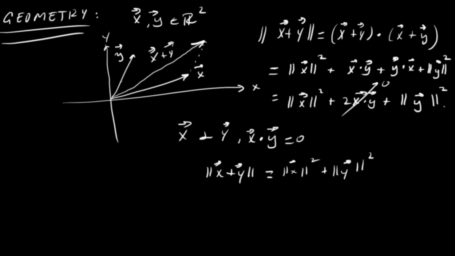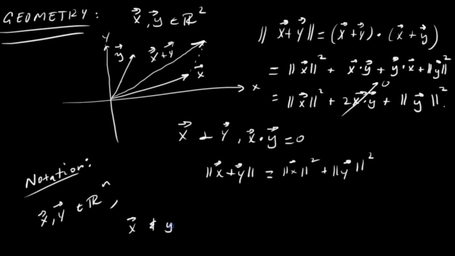So now, I'm going to introduce some language, some notation. And this is used a lot in physics, particularly quantum mechanics. So let's say we have x and y that are part of the nth dimension, so they're in Rn. We say that x and y are what is called orthogonal.